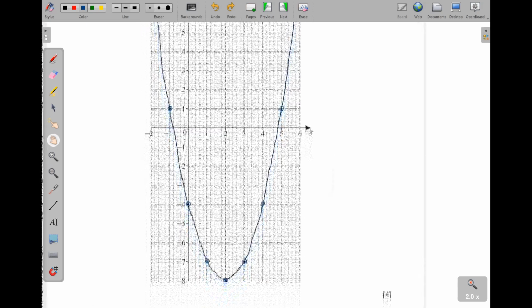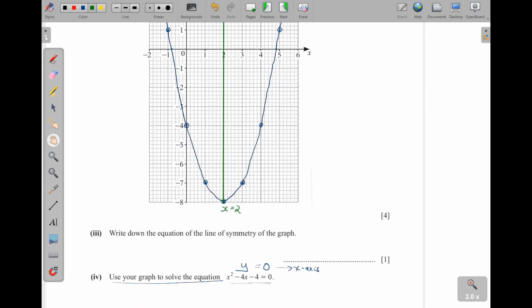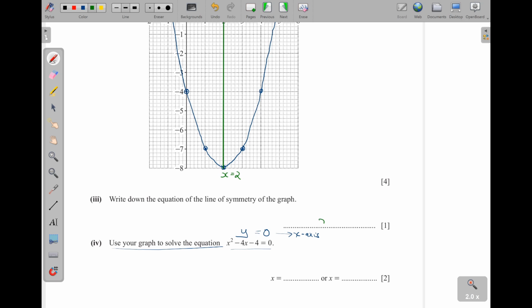I can even draw it for you here. It's the green one, this one here. x equal to 2 is the line of symmetry. So just write here x is equal to 2.